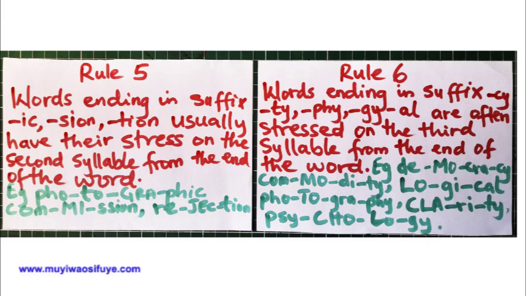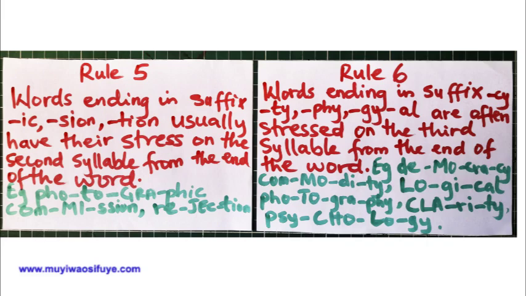They usually have their stress on the second syllable from the end of the word. Those words that end in suffix ic, tion, sion, they have their stress on the second syllable from the end of the word.